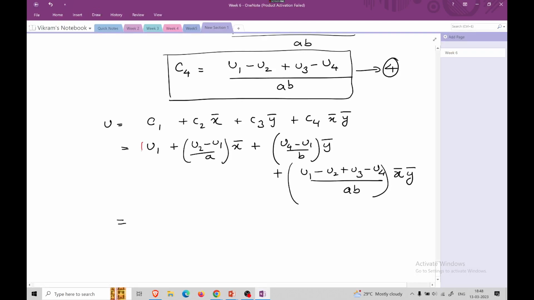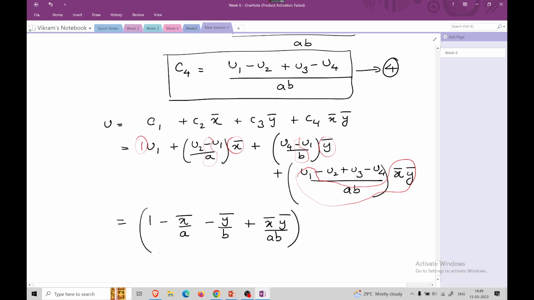So there is 1 here, and minus 1 by A into x bar, and then minus 1 by B into y bar, and then here there is this one. So my U1 will be 1 minus x bar by A, then from here y bar by B, from here x bar y bar by AB. This whole thing is going to be multiplied by U1.